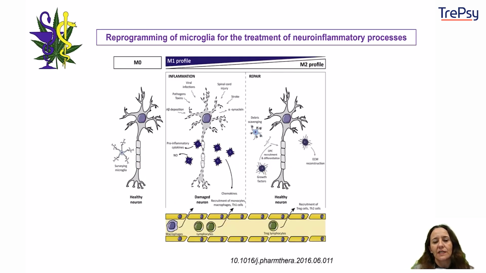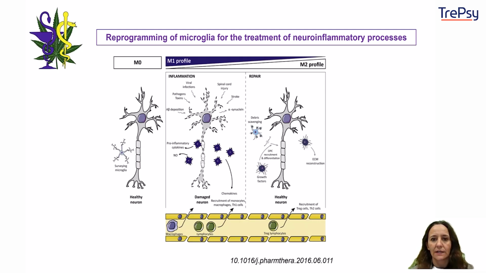So can we change these microglia states? Well, this is the more desirable thing, that if we have a pro-inflammatory microglia, we could change it to an anti-inflammatory and repairing microglia. So CB2 is a very good receptor that can be considered as a target of the immune suppression in different pathologies or illnesses.